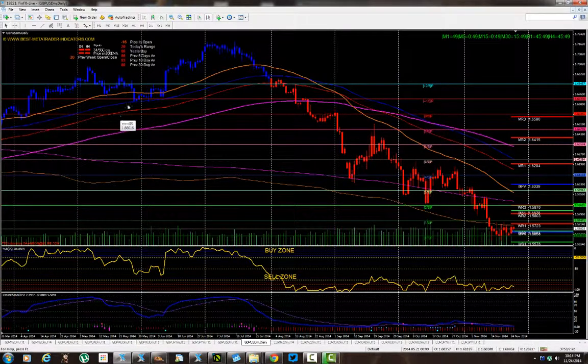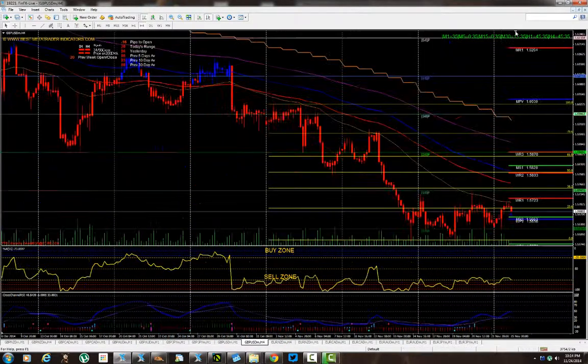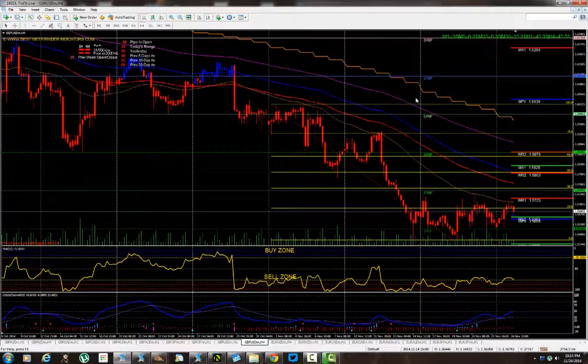But so if we fib last week, let's go to the 4 hour. This gives us a pretty strong area to trade.